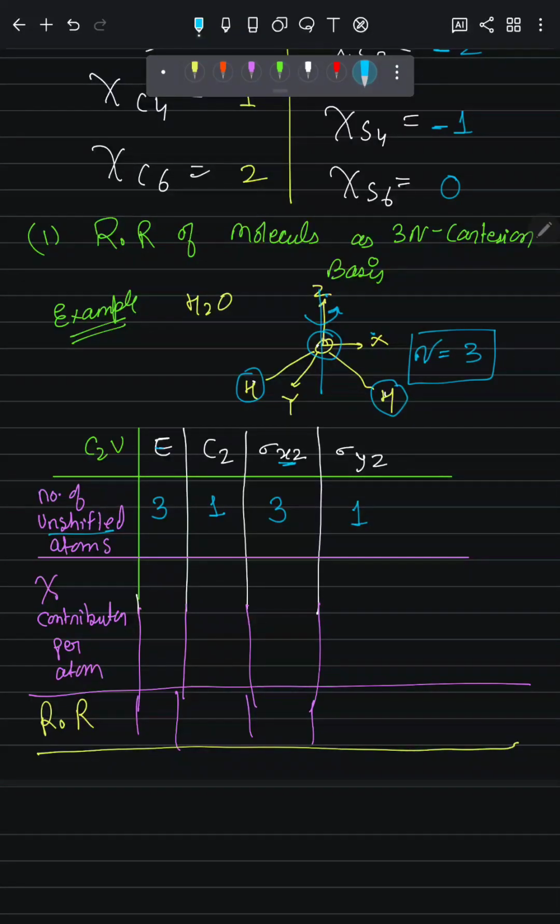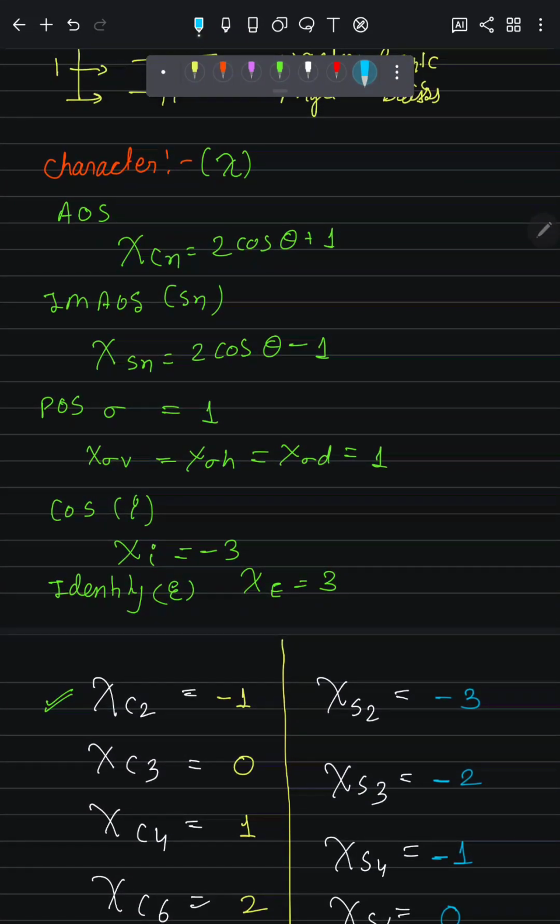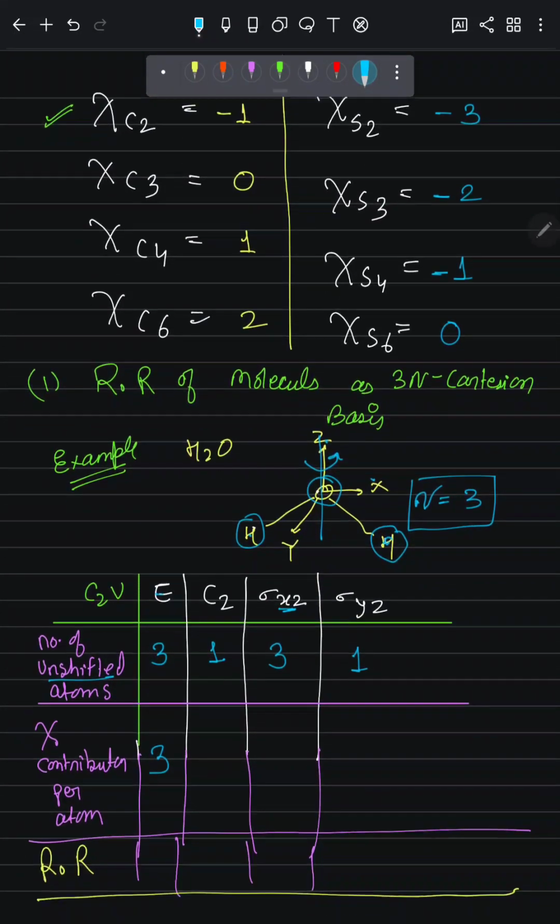Because the plane will reflect these hydrogens, so only 1 will be unshifted, the oxygen will remain in the same position. And we know that when we put identity, the character will be 3 according to this chart. So this is where this value comes from.